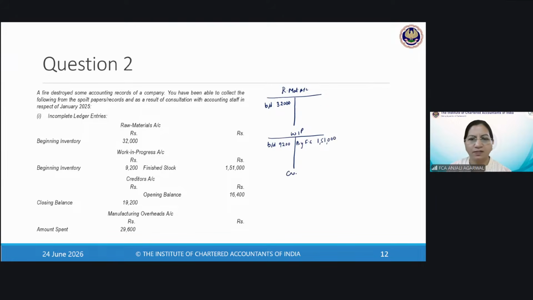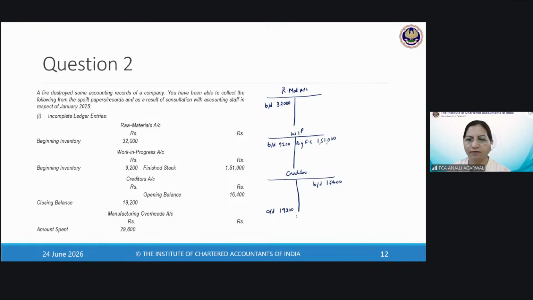You have the creditors account. Opening balance is 16,400 and carried down is 19,200.